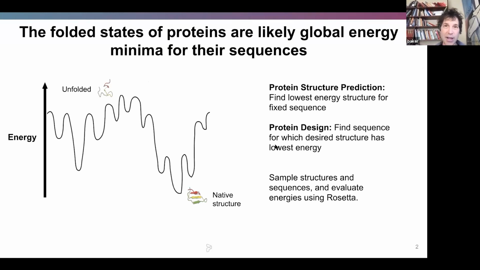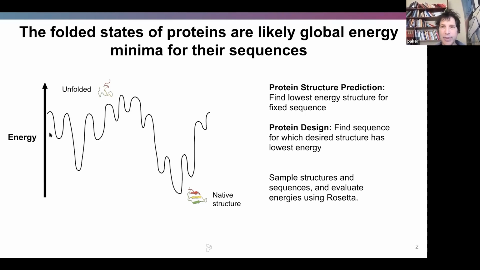So each protein has a unique amino acid sequence, and that sequence will have a lowest free energy state, which depends on that sequence. In this picture, if you're trying to predict the structure of a protein from its sequence, you need some way of computing energies of all the interatomic interactions. You need to sample through all the different possible structures, and you search for the one that has the lowest energy.